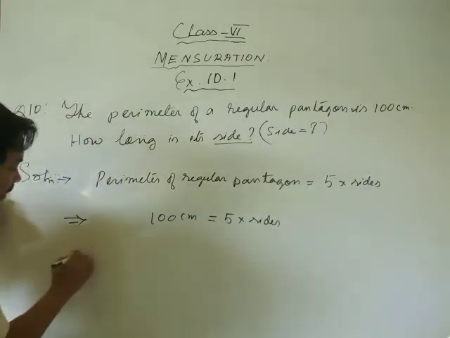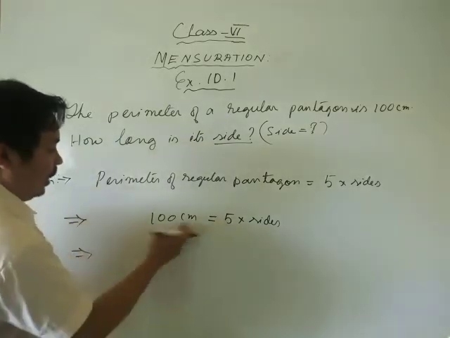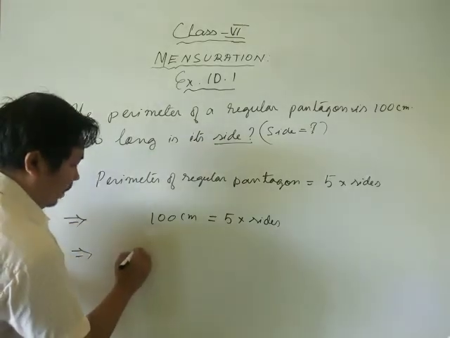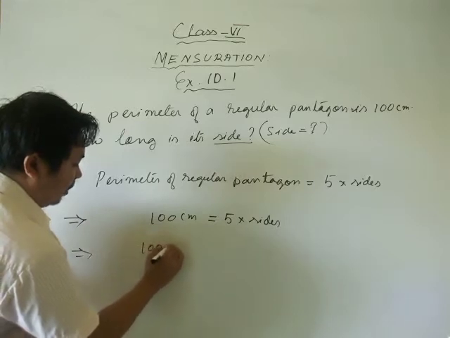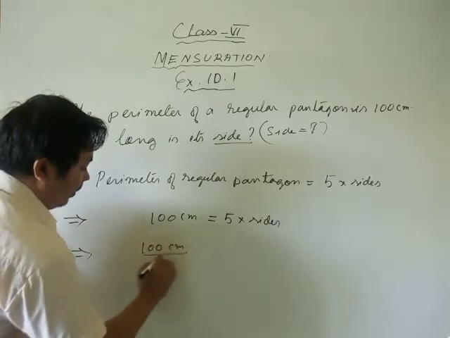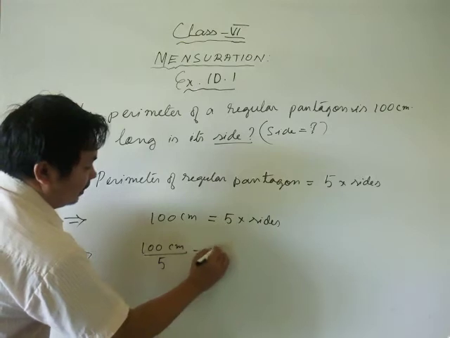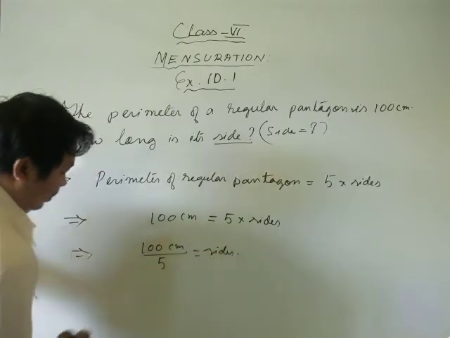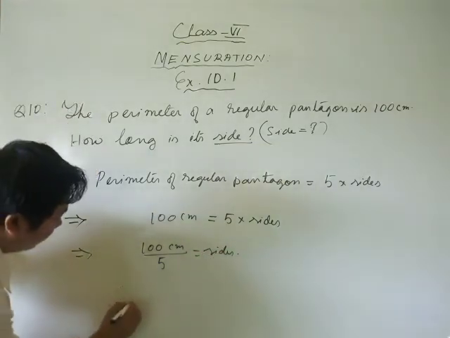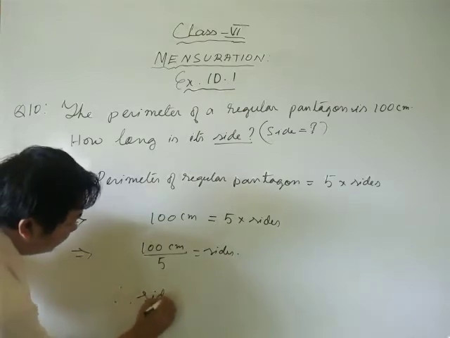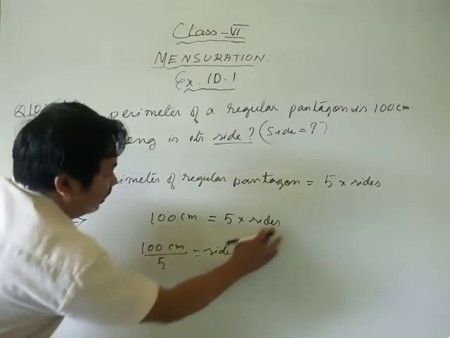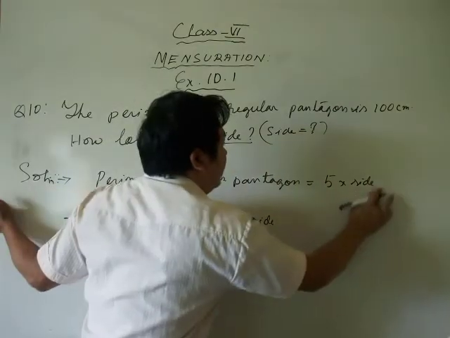That implies this 5 will come here, and 100 centimeter will be divided by 5 equals side. Side is equal to, not sides, it should not be S here, 5 into side.